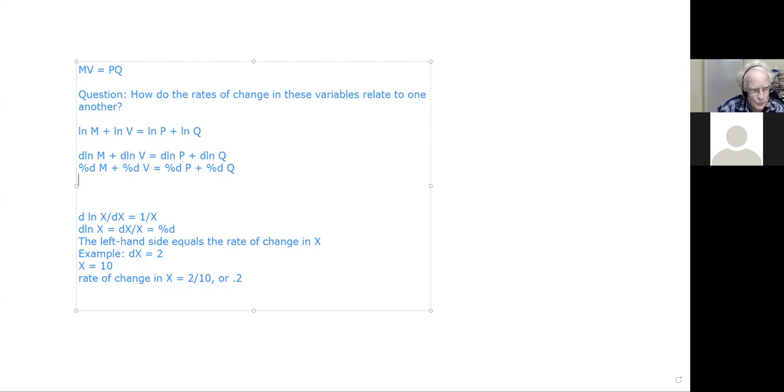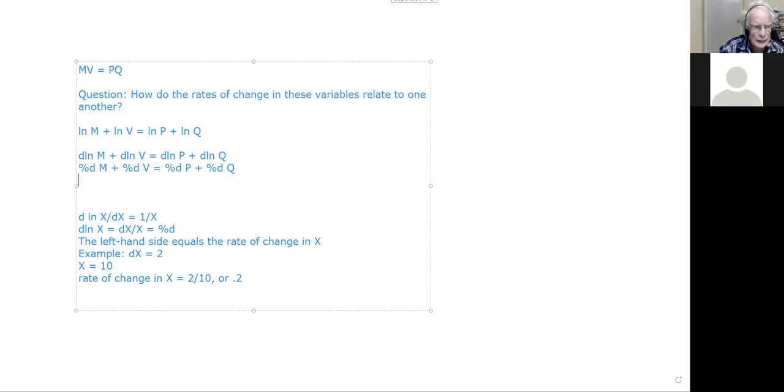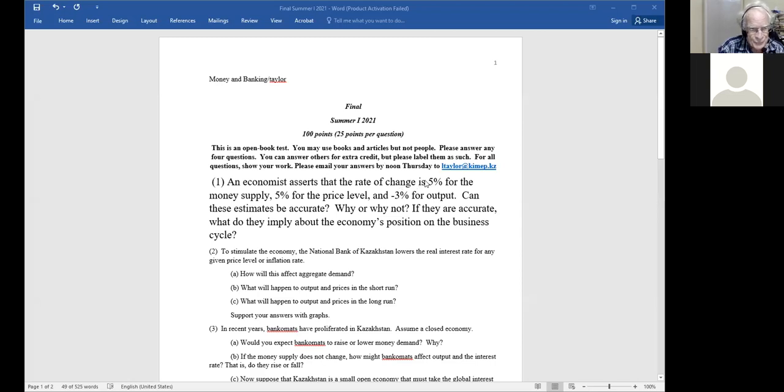Now you can take it from here because in the question, I give you the rates of change for 3 of the variables and ask you to consider the 4th variable. So here's the rate of change for money supply, the rate of change for the price level P, and the rate of change for output.